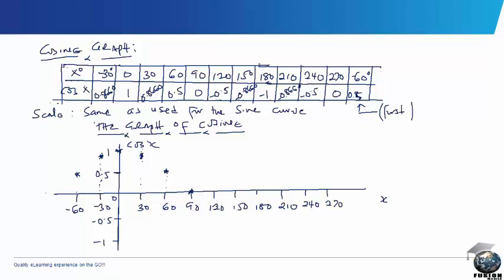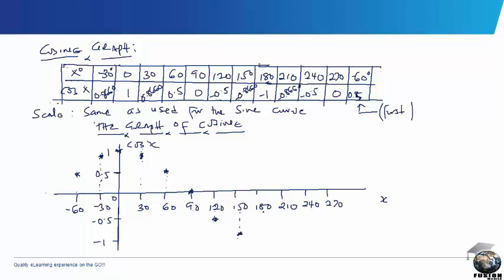For 120 we have minus 0.5. For 150 we have minus 0.86, and I assume the value to be at this point.